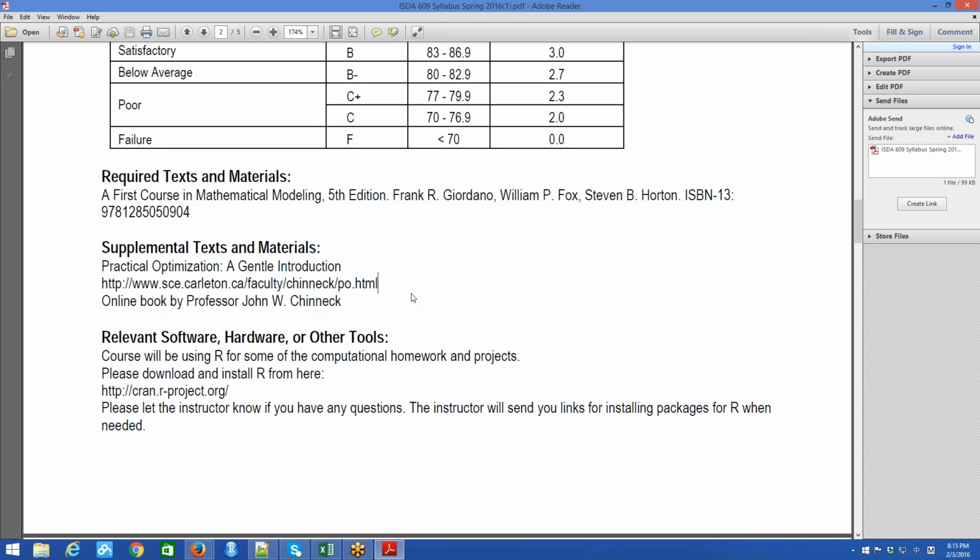That's pretty much the textbook. Please download R. Probably you already have that. We will need to use some different packages throughout the course. I will point out the right packages as the course goes along.